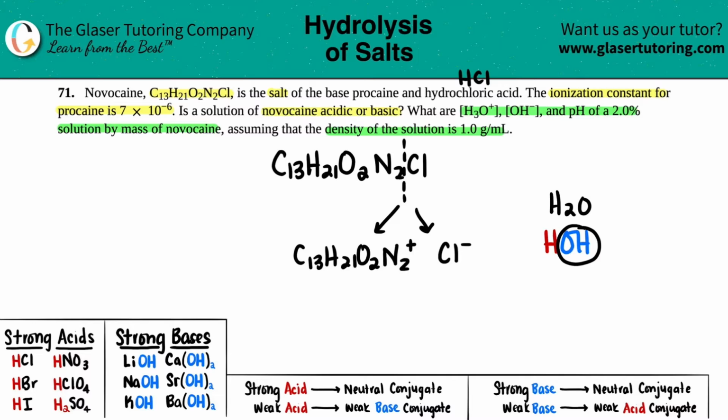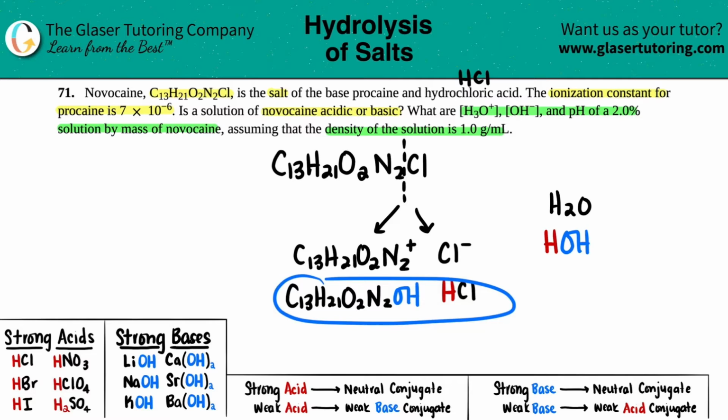So hydroxide always goes with the first positive, and the hydronium goes with the negative. That's why this makes sense, because it would be HCl, which is hydrochloric acid. And then we have the procaine, which would be C13H21O2N2, and then we'll just add an OH to it.